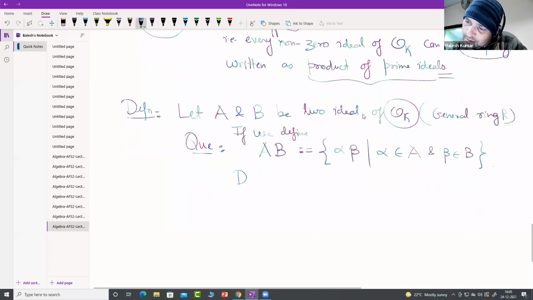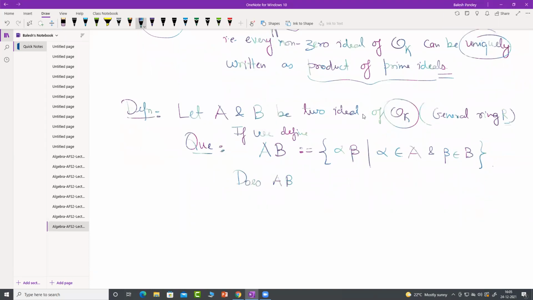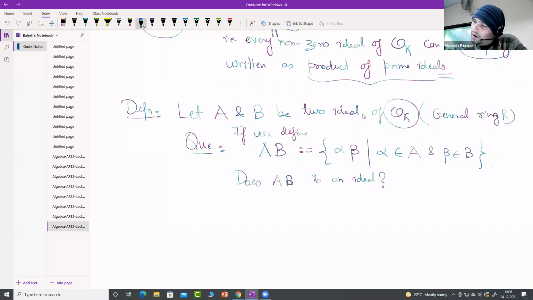It need not be an additive group. If you take alpha beta plus gamma delta, how will you show it is also in AB?